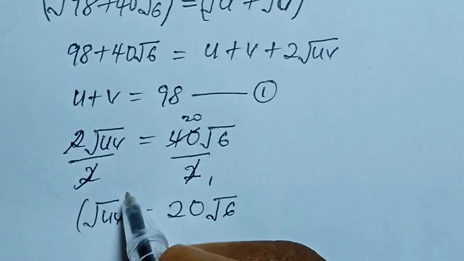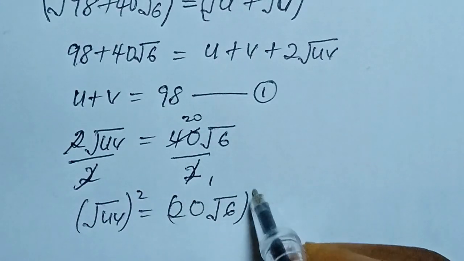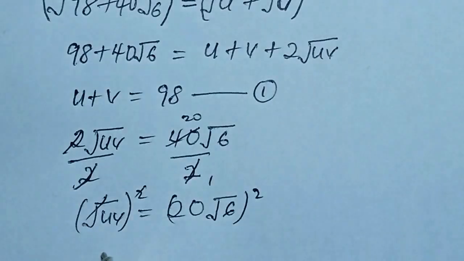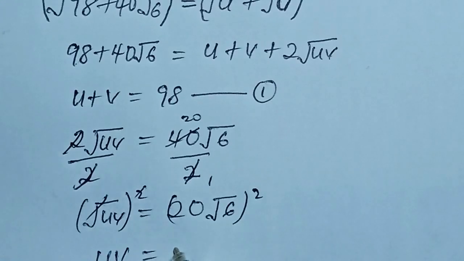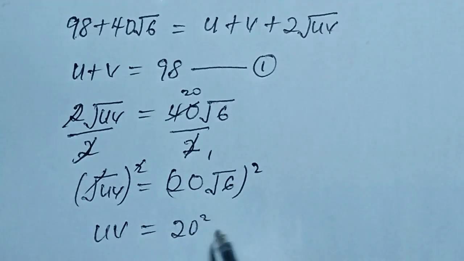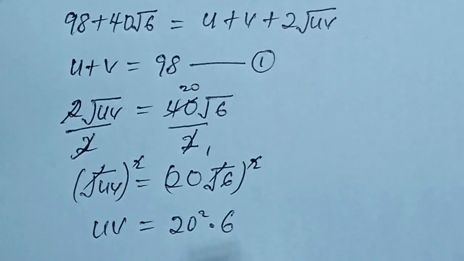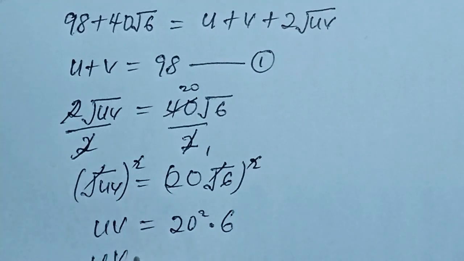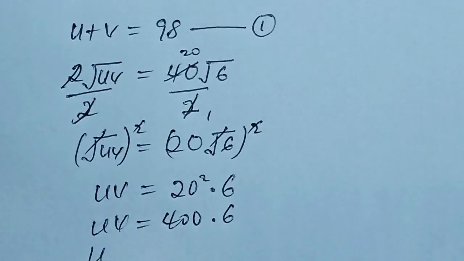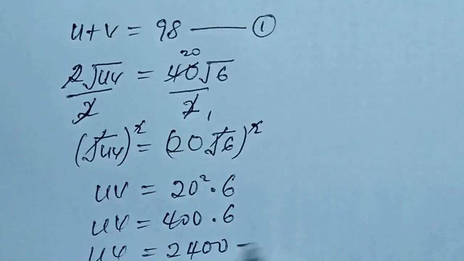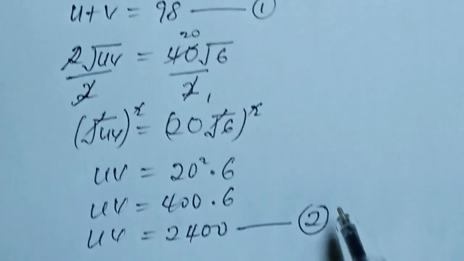So if we square both sides again, this cancels out with this, we are left with uv at the left hand side, and that's equal to 20 squared, and this cancels out with this, multiplied by 6. So this gives us uv equal to 400 (20 squared equal to 400) multiplied by 6, and that is uv equal to 2400. Let's name this equation 2.